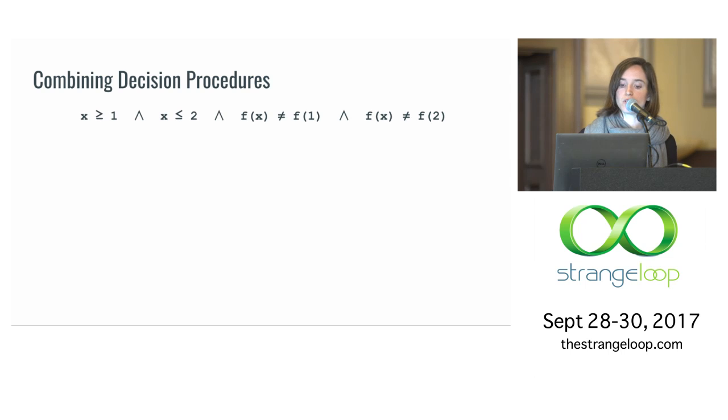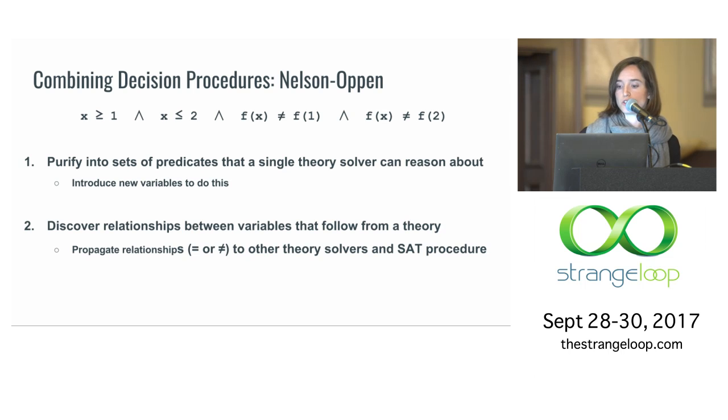So let's take an example. Here we have a few predicates from both linear integer arithmetic and some unevaluated functions. We're going to take this algorithm from Nelson and Oppen. The first step is that we're going to purify the set of predicates into sets of predicates that a single theory solver can reason about.